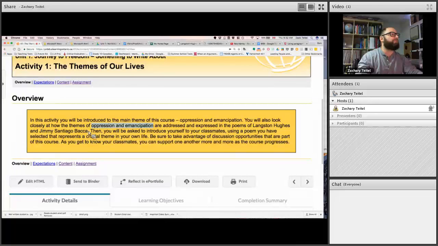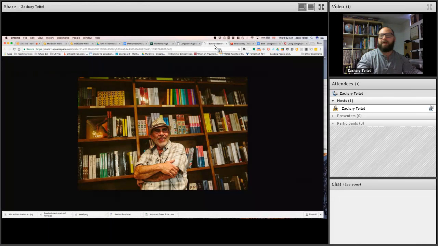Someone who took a look at those themes in depth as well was Jimmy Santiago Baca. He's still alive, a poet who's still with us today. Here he is, dapper guy. And he's actually of Chicano and Apache descent. So he has a couple of different lenses in terms of his ethnicity and his race to look through themes of oppression and emancipation, right?